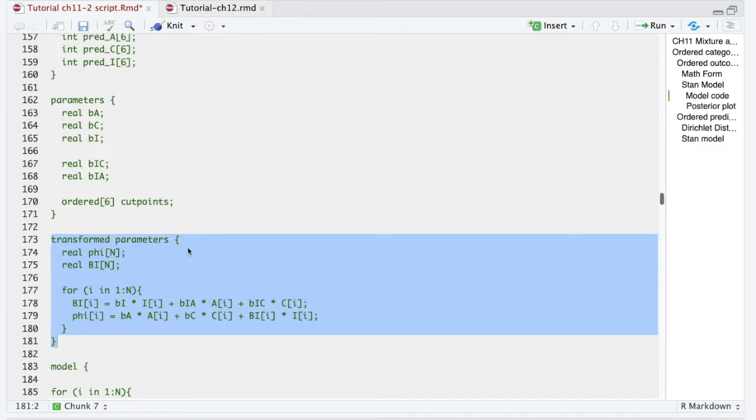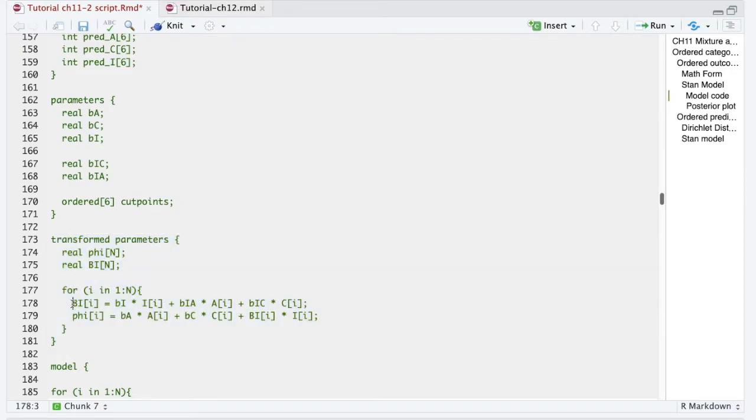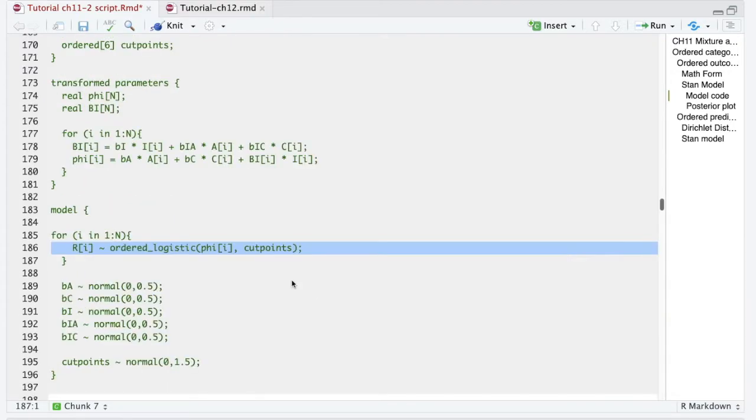In the transformed parameters block, I just insert the linear model I have explained. So the first row is all things related with intention. Second row, I insert this bi into the i here. And in the model block, wow, we only need 1 function, the ordered logistic function.